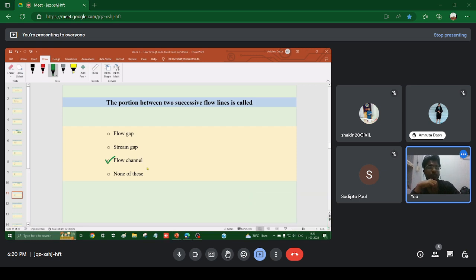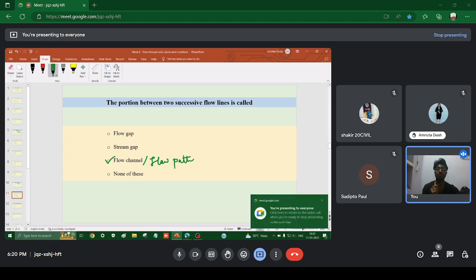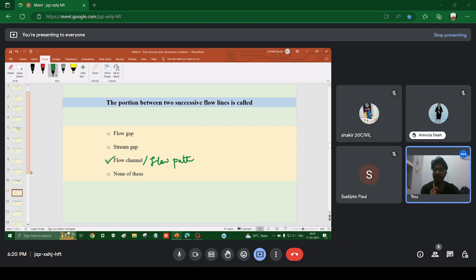Another name for flow channel is flow path. Okay. The space between two successive flow lines in a flow net is also called flow path. Okay, next question.